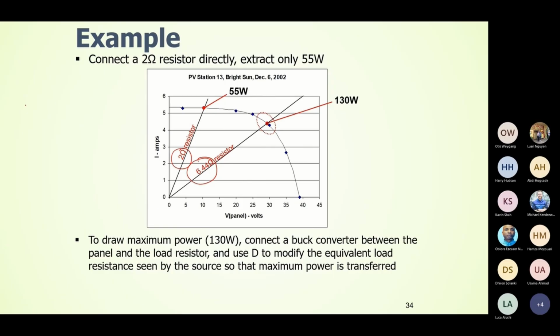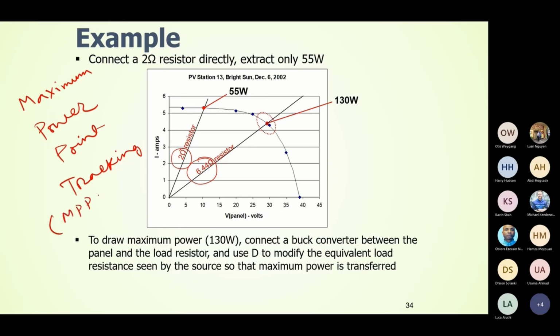That's why this kind of operation is also called maximum power point tracking. If you buy a solar panel, often they will say that this solar converter actually supports MPPT operation, which means it can extract the maximum power.